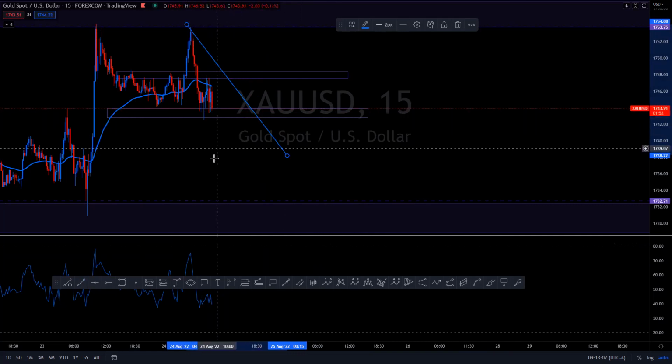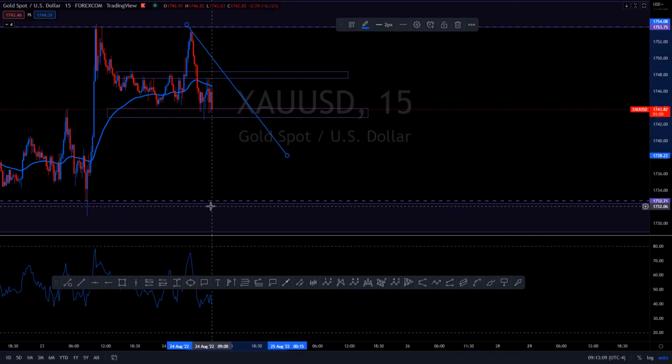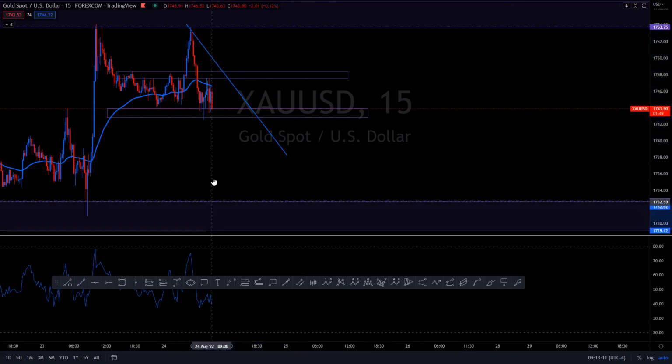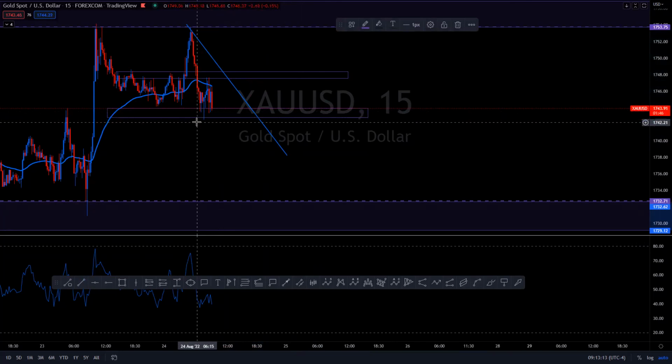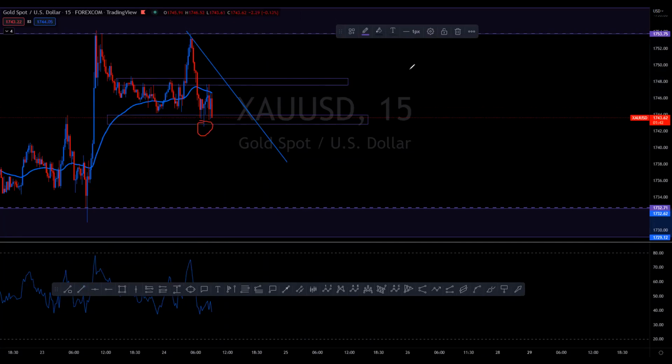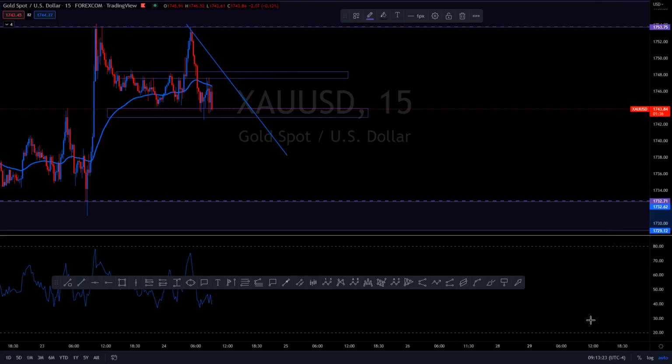If it closes below and goes down to here, then I'm going to sell it to this liquidity point. But if it comes down to here and rejects this area, kind of like what price did right here, then I'm buying it up. So let me pause this recording and wait for the 9:15 candle, and then I'm going to make my decision. Be right back.